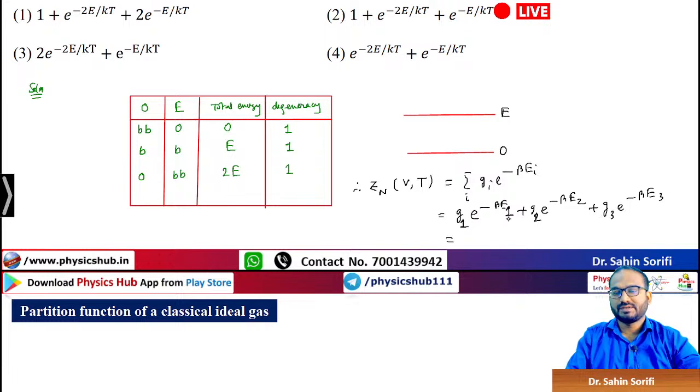So, e to the power minus beta E0 is 1, since beta into E0 is 0.